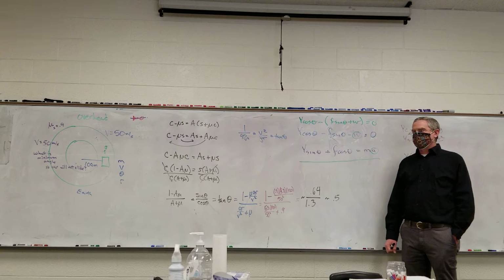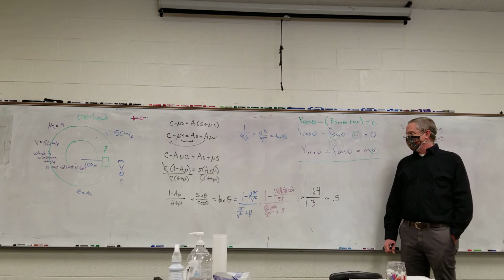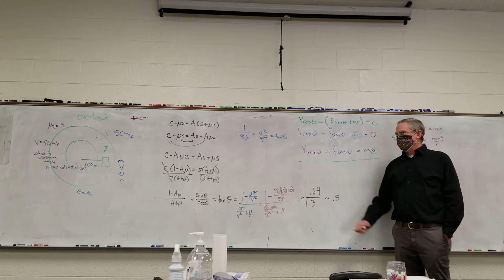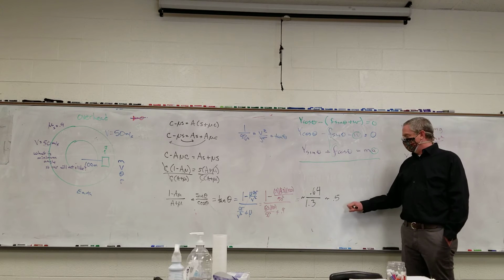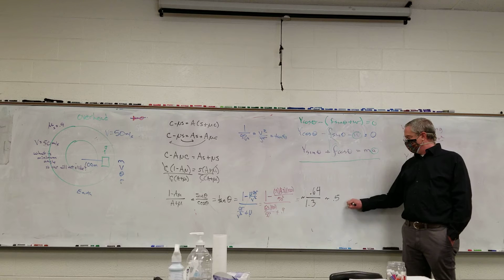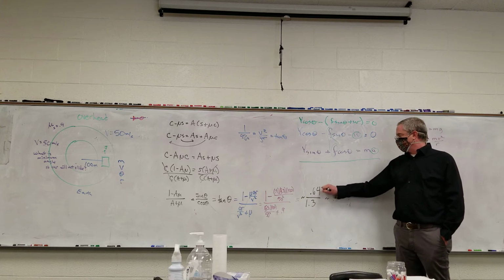Okay, Madison? On top, all right, someone else? 0.6472 is the top number, yeah. 0.6472? Yeah.